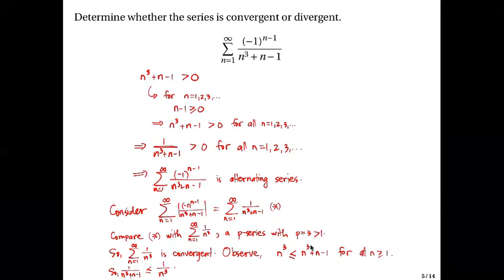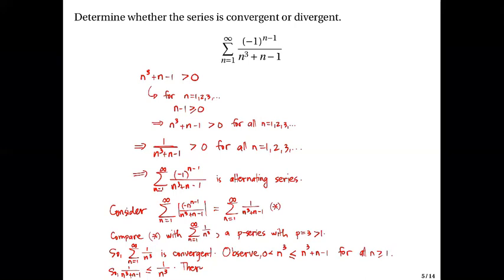Take note, this guy here is always positive, greater than 0. So we will not have any problem with this inequality here. So the one that is bigger is convergent, and this guy here, which is smaller, will also be convergent.